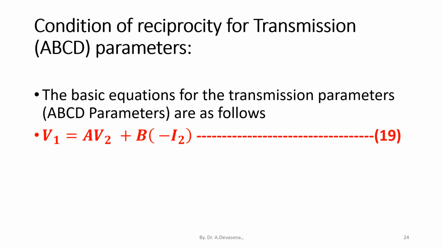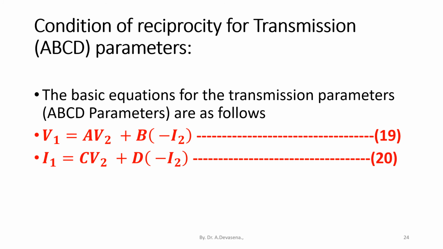That is, input voltage V1 is a function of output voltage V2 and output current I2. This is indicated in equation 19. And equation 20, that is I1 is equal to CV2 plus D into minus I2. That is, input current I1 is a function of output voltage V2 and output current I2. This is indicated in equation 20.